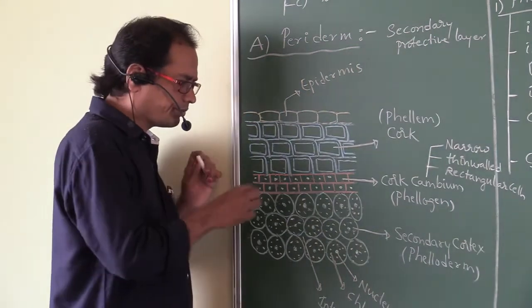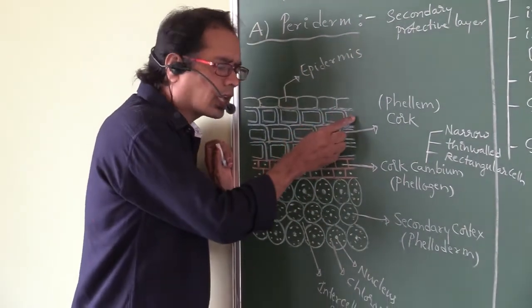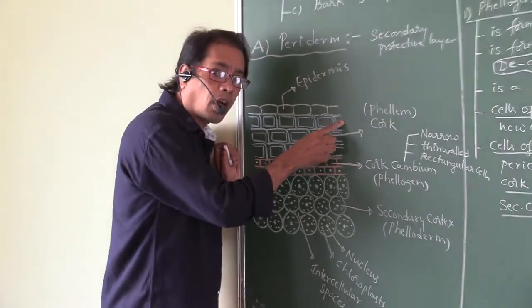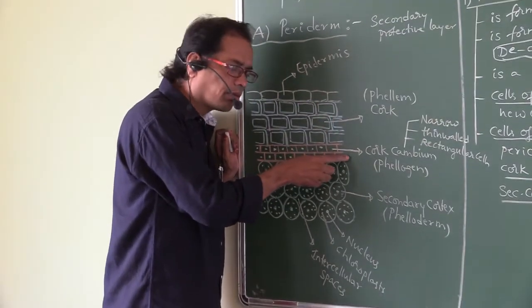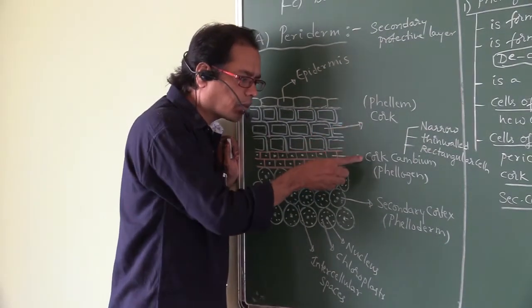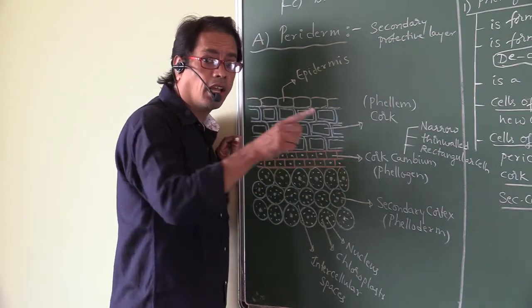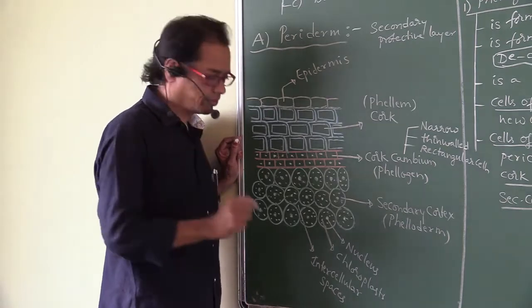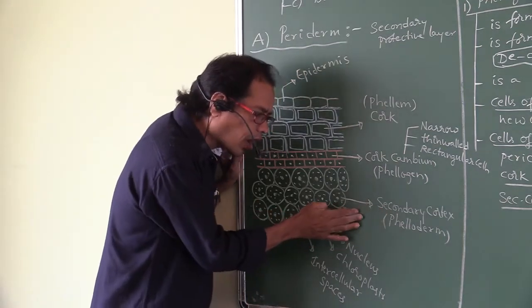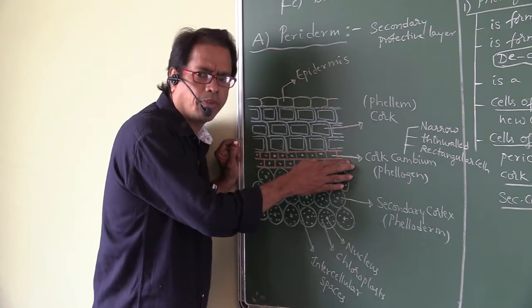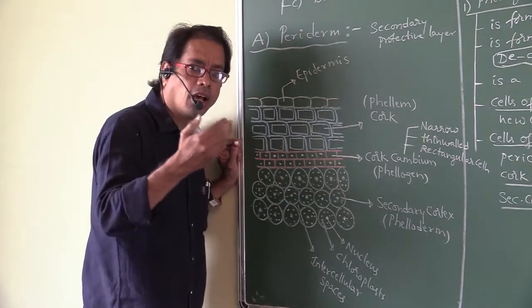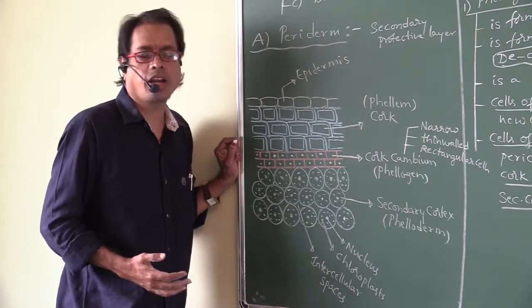This cork is formed from cork cambium by a process called redifferentiation, RD. Secondary cortex is formed from cork cambium by redifferentiation, that is RD.